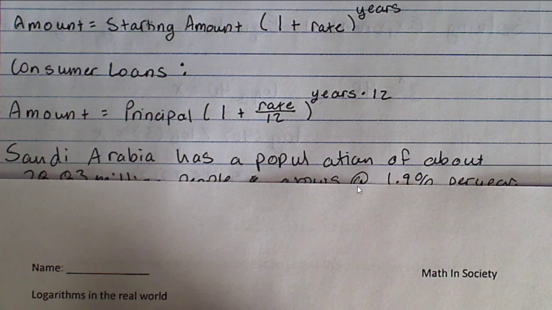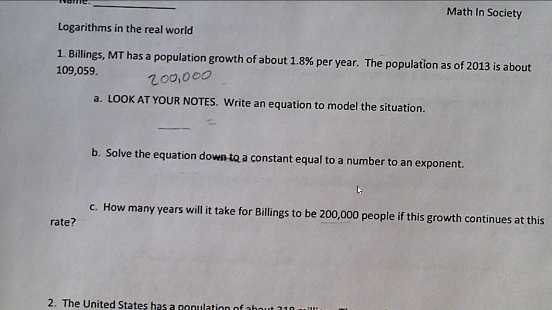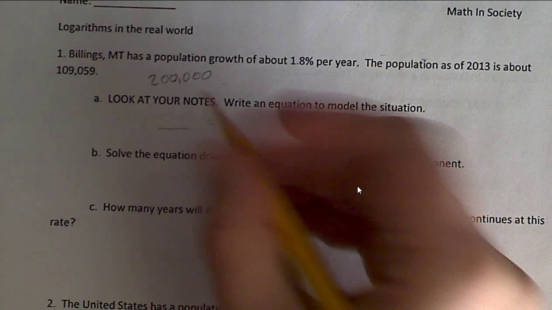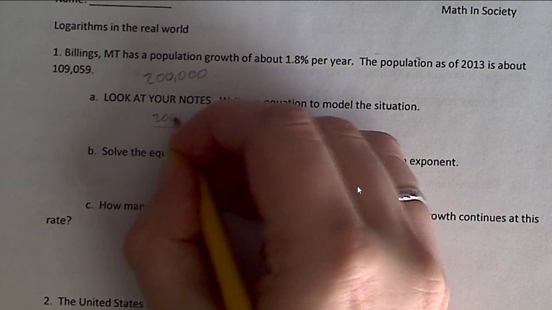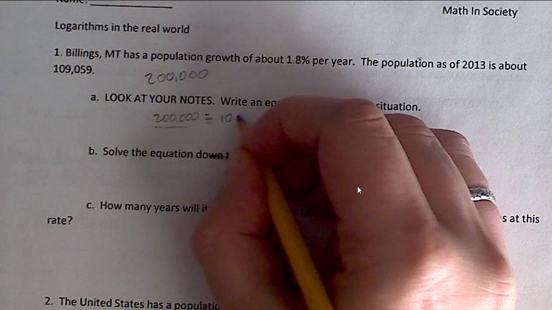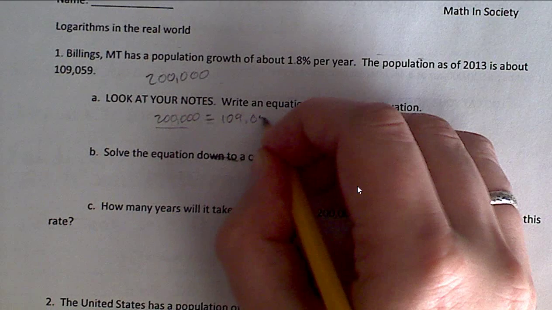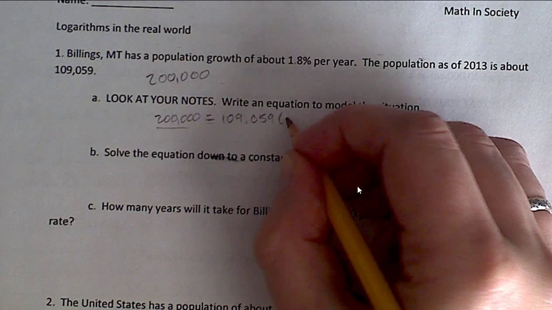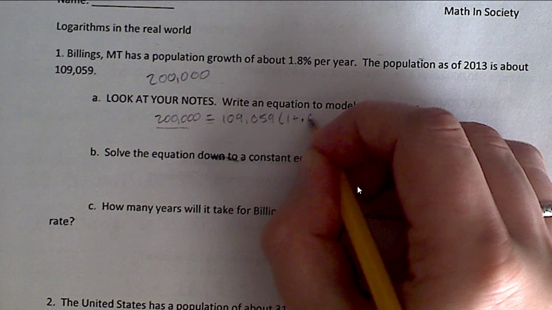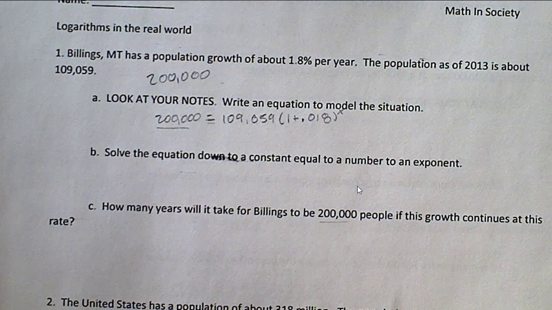So we want to figure out how long it's going to take for Billings to get to 200,000 people. So we're going to put 200,000 over here, equal to 109,059 times 1 plus 0.018 to the x power. So this would be your answer to A.